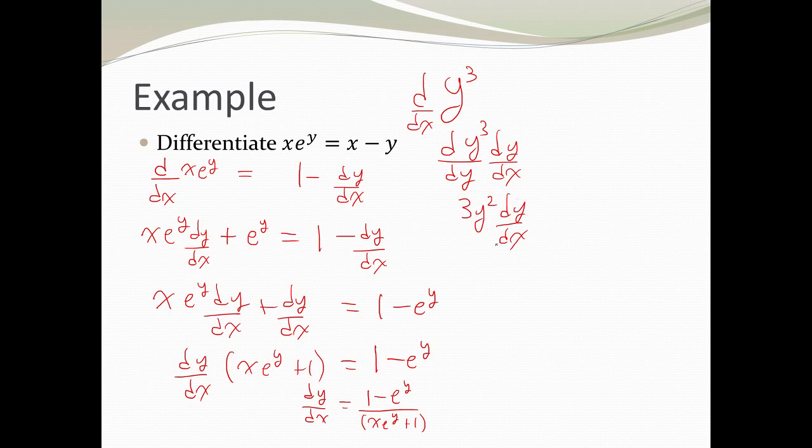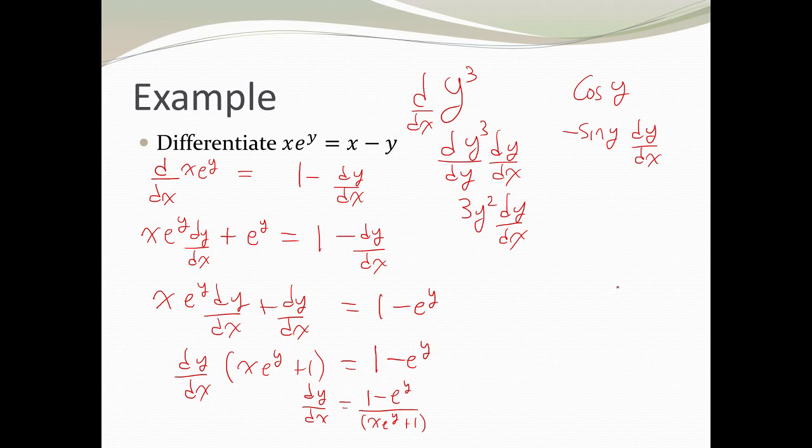And you can apply this logic to basically any function of y. If I have, for example, cosine of y, we can just take the derivative as normal, keeping in mind we have a y instead of an x. So the derivative of cosine is negative sine y, and at the end of it we just tag on a dy dx.